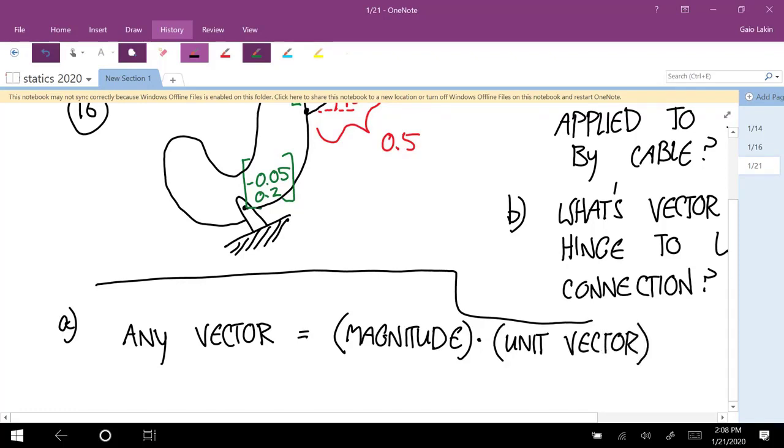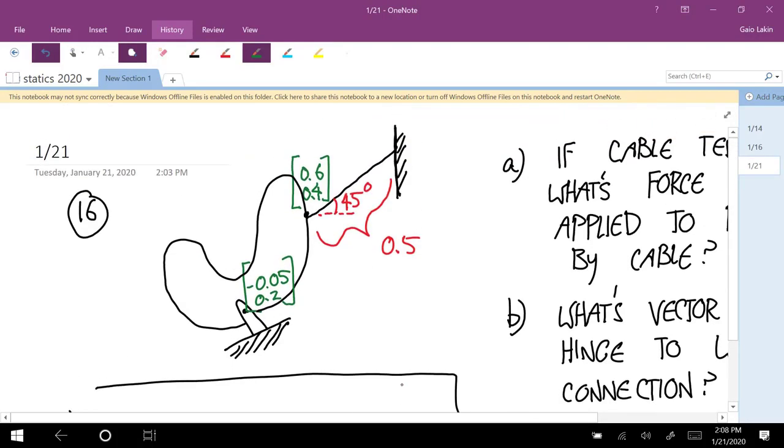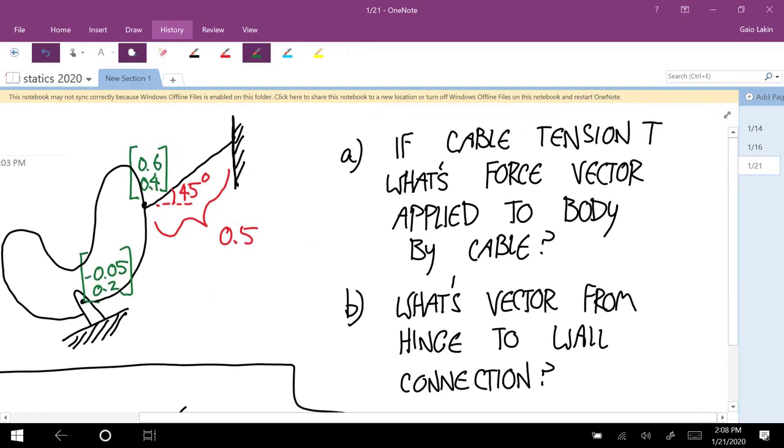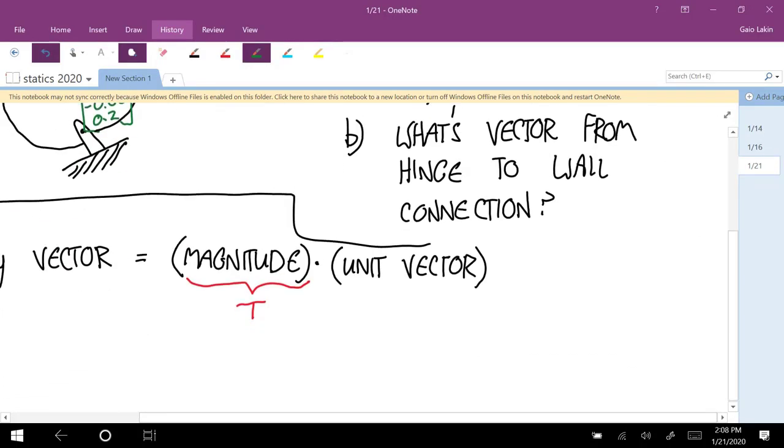The cable tension is the magnitude of the force vector. So we know that this magnitude is just going to be this variable T. That's what it says.